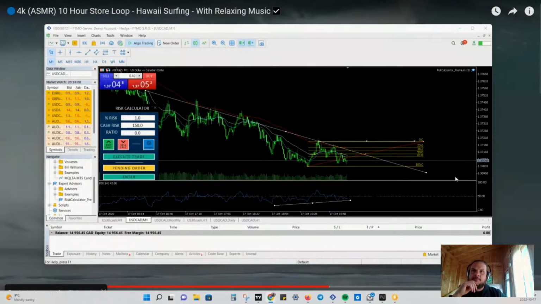Getting some wicks here. For this to start looking bullish, it's got to break all these moving averages. Break this, I guess now this would be the highest or the lowest high.